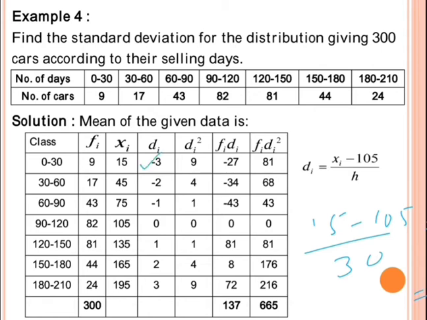Once you get the first value, you can write all of them in ascending order: minus 3, minus 2, minus 1, 0, 1, 2 and 3. Our next step will be to find di square. We will square these terms. Minus 3 square is 9, minus 2 square is 4, and so on.